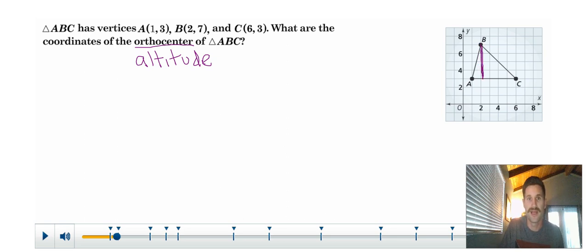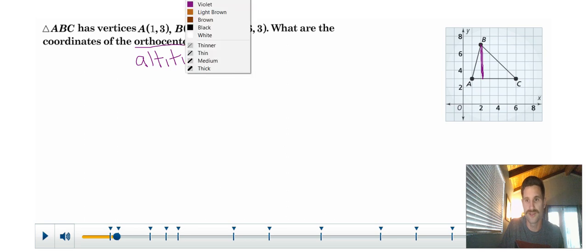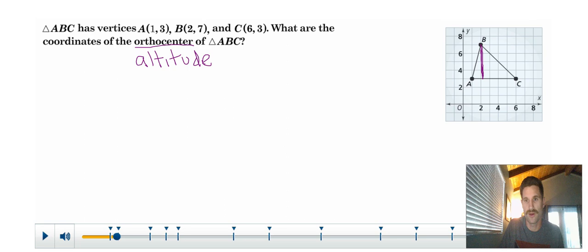It's looking good. Now, I need one more, and this one's a little trickier in how we're going to find it. But essentially what we want to do is go from A or C, and somehow be perpendicular to this line. Mathematically, I'm not sure how we're going to do that yet, but we're guessing our point's going to be somewhere around here, potentially 2, 4.